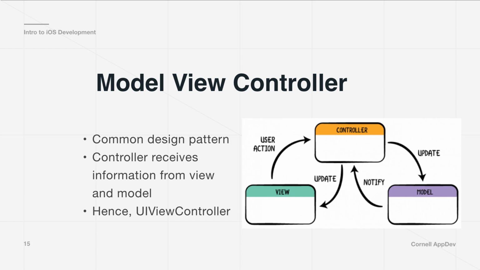And then we can use views, which were those different cells that we presented on the screen, to display the data. And then a controller, which in our case is just a UIViewController, that manages whenever the user clicks on one of the buttons. So all the interactions that happen in your app, the controller manages and then updates the views and then the models as well. So this is a very common design pattern that we're going to use throughout this entire course, model view controller.